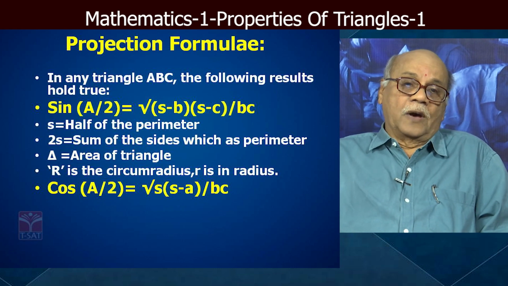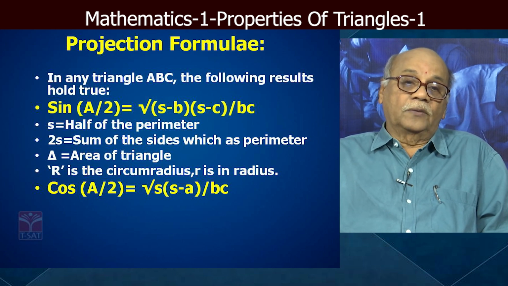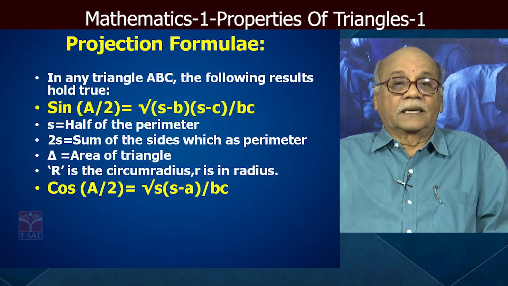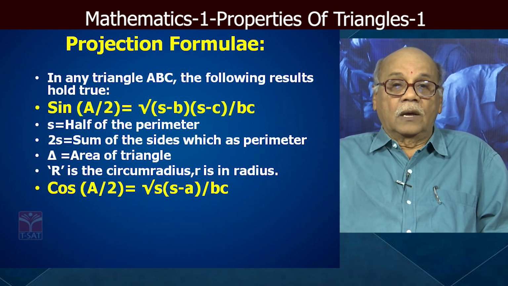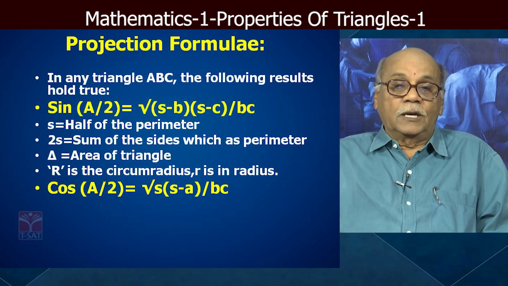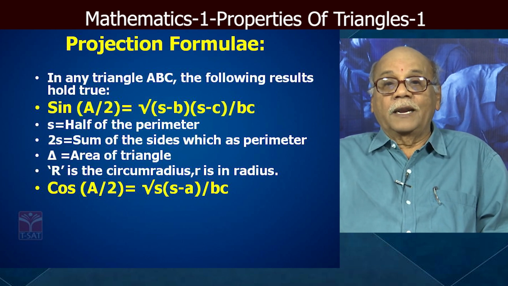The other formulae are the sine of half of the angles, cosine of half of the angles, and tan of half of the angles. Namely, sin A by 2 is equal to square root of (s minus b)(s minus c) by bc, everything under square root, where s is nothing but half the perimeter.